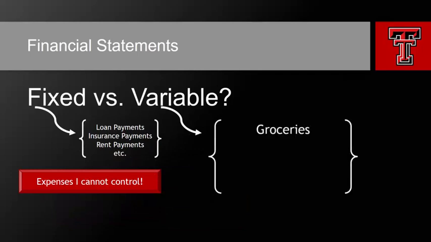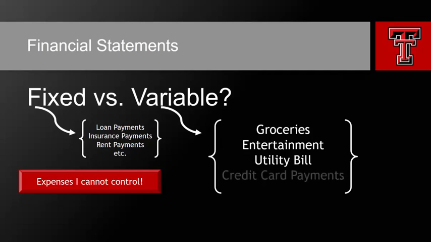I mentioned that credit card payments are variable expenses. Some other examples are groceries, entertainment, and even utility bills. Why? Utility bills for most people are different every month, which makes them variable. But there are people who have budget billing and pay the same amount every month, with the exception of one month for adjustments.